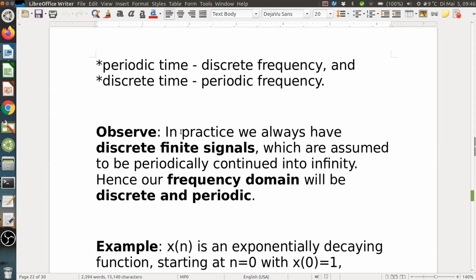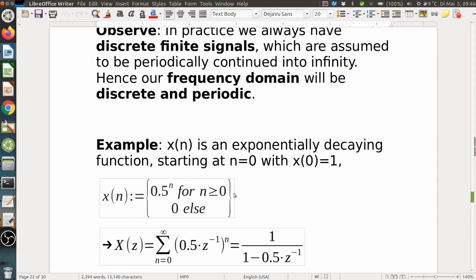Yeah, so observe in practice, we always have discrete finite signals, which are assumed to be periodically continued into infinity. Hence, our frequency domain will be discrete and periodic. Right? So this is what we get for the DFT.